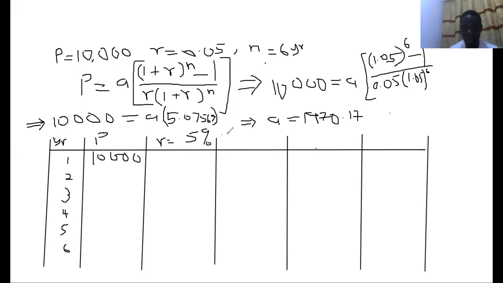So this will be the total amount to pay at the end of the year, because it's in arrears. Okay, but if you want to split the installment, I'll just write INST, which is equal to A.